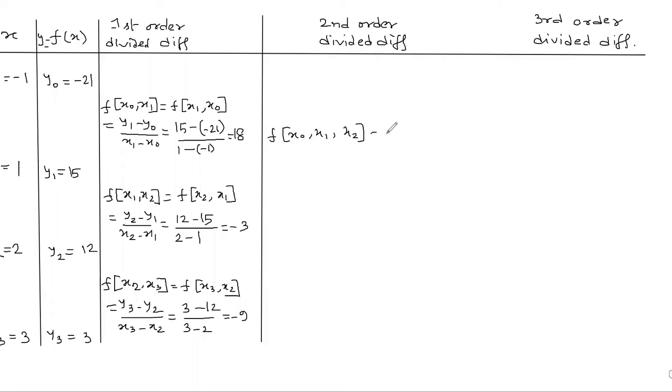We can write this as f of x0, x1 minus f of x1, x2 divided by x0 minus x2, the first argument minus the last argument. f of x0, x1 is already evaluated in the previous column, which is 18, minus f of x1, x2, which is minus 3, so it is 18 minus minus 3 divided by x0 minus x2, so it is minus 1 minus 2, which is equal to minus 7.